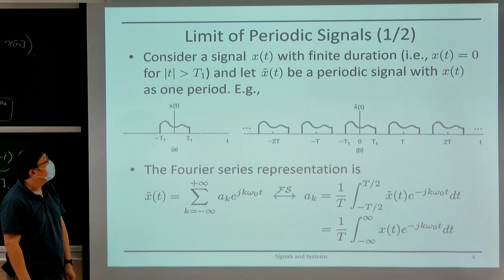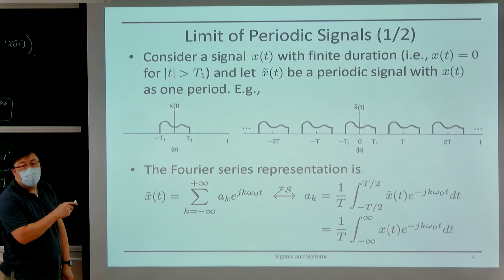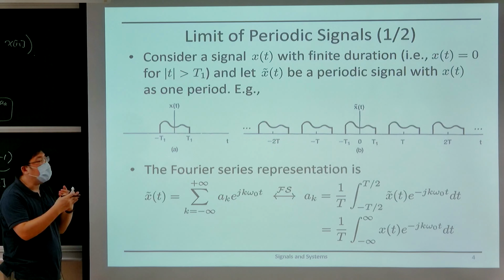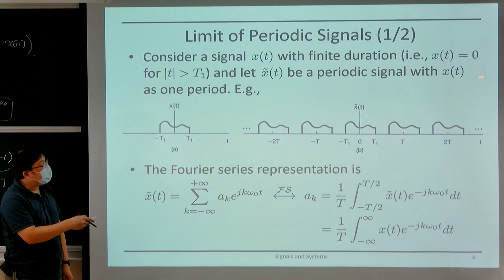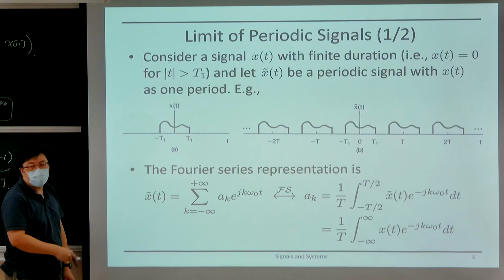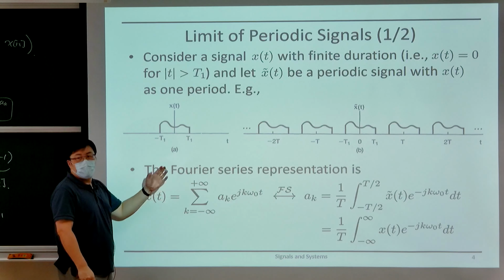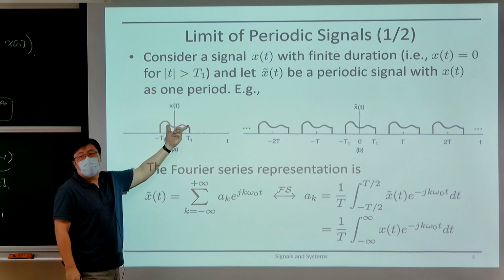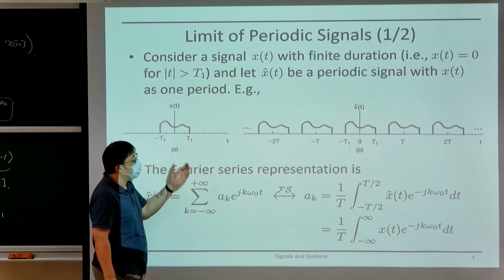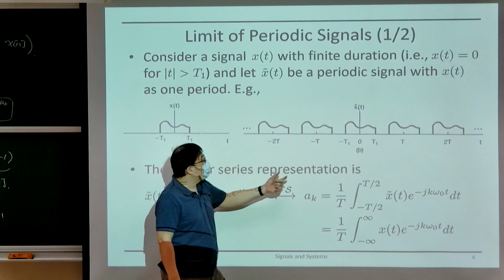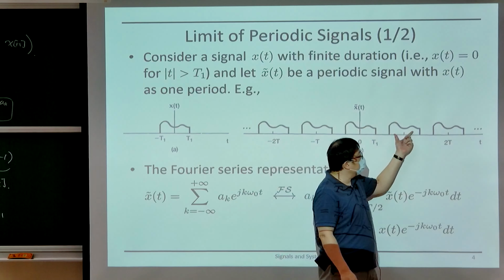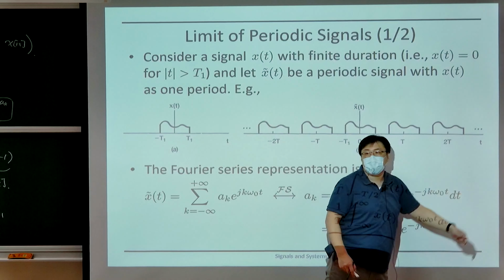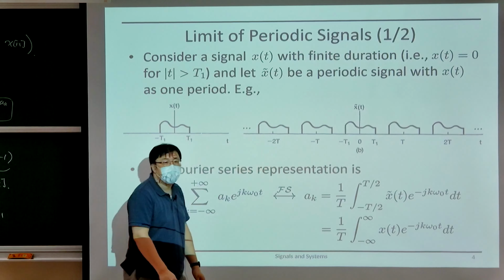With x(t), I can construct a periodic signal x tilde of t by repeating x(t) every integer multiple of capital T. So x(t) is the signal that we're interested in, but given x(t), we can construct a periodic signal x tilde of t by repeating it every integer multiple of capital T.